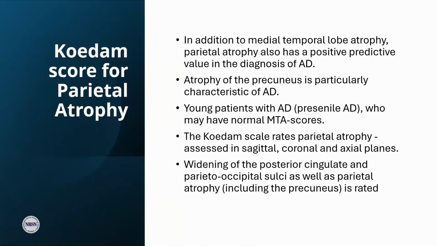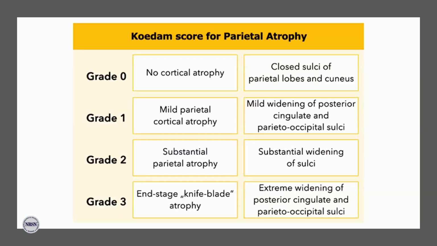So the Koedam scale rates parietal atrophy based on sagittal T1, axial T1, and coronal FLAIR images. Now, the idea is that the posterior cingulate and the parieto-occipital sulcus are rated in this Koedam score for parietal atrophy.